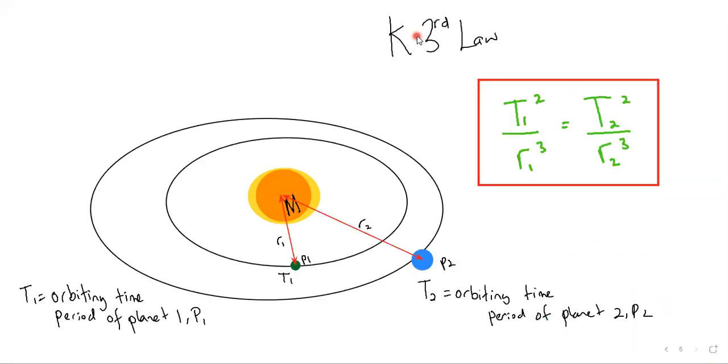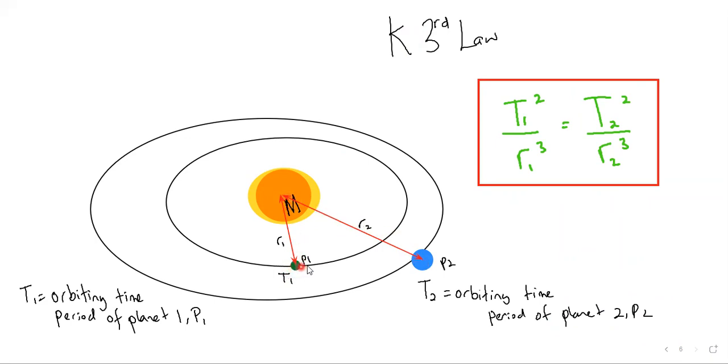Kepler's third law can be used like this. Let's say in any system, this is the center star, like the sun in our solar system. This is the radius of the first planet, and this is the radius of the second planet, the distance from the center of the planet to the center of the sun or star: R1 and R2.